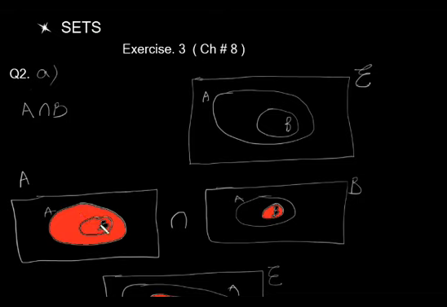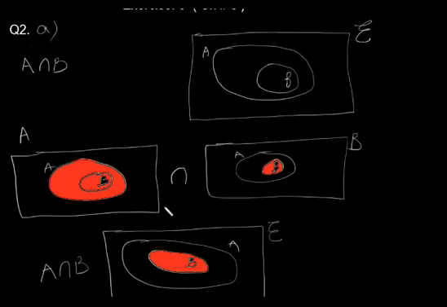Of course, you also have to shade B, because B is inside A. In the same way, B is only B. So if you take the intersection of these two sets, I mean the common shaded region between A and B, it will be only B, because this is the common part in both of these diagrams.